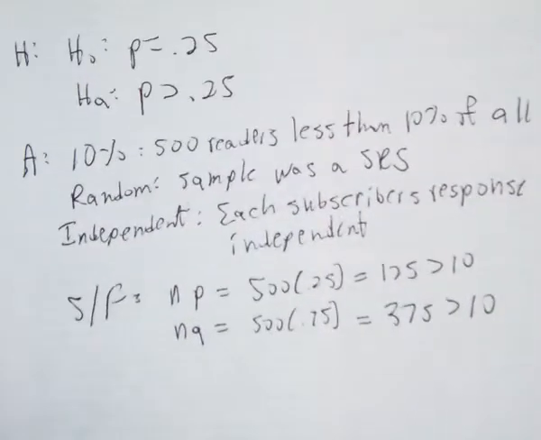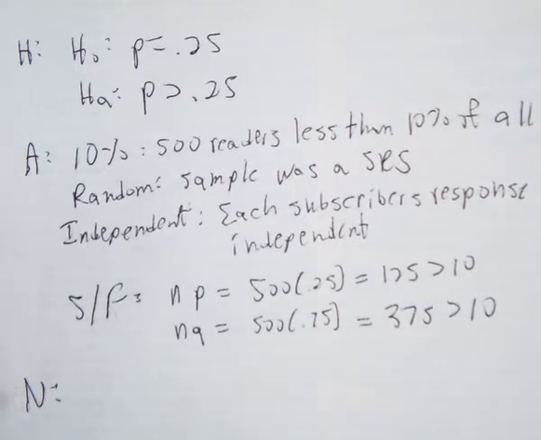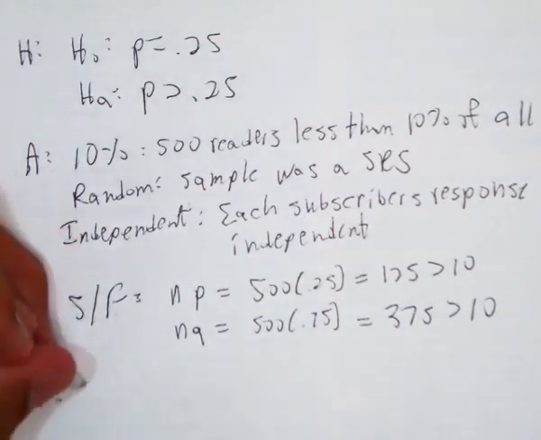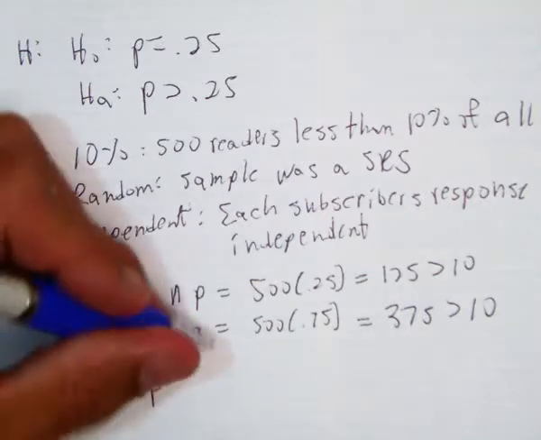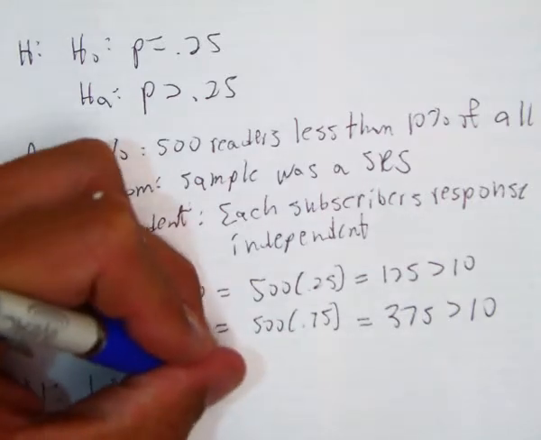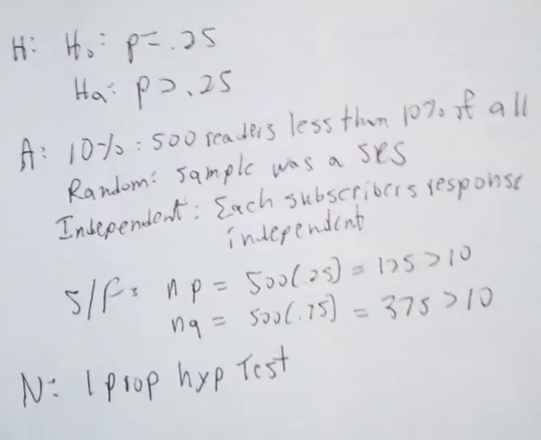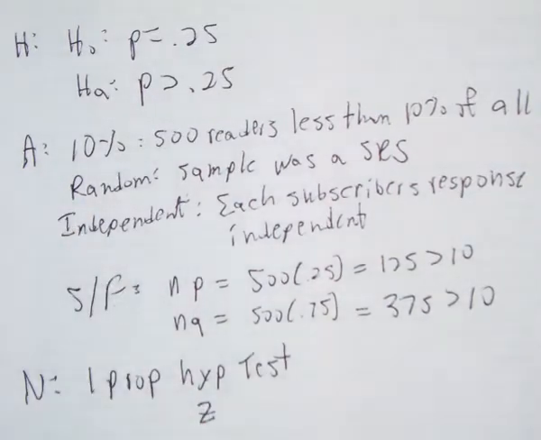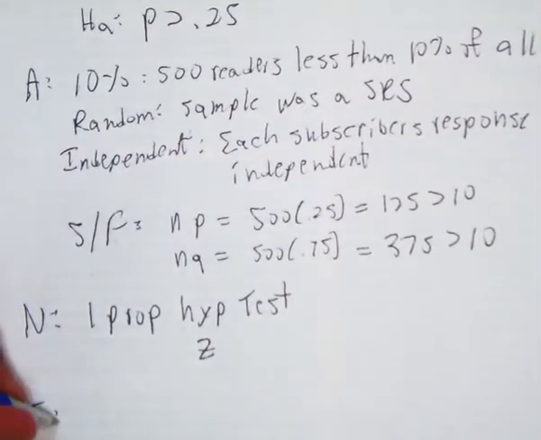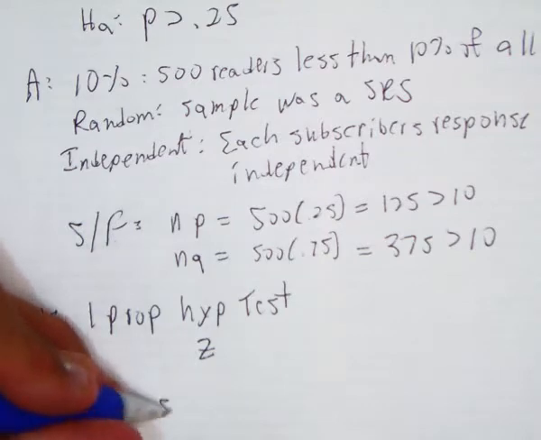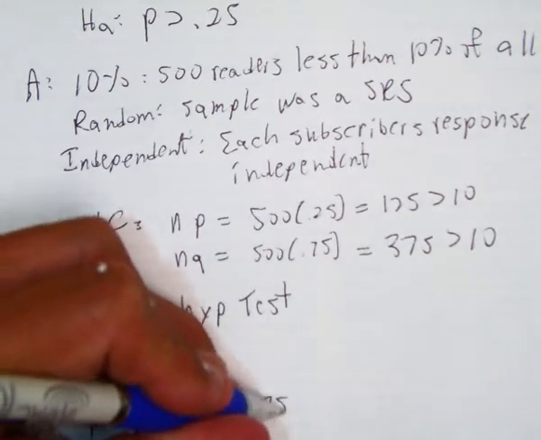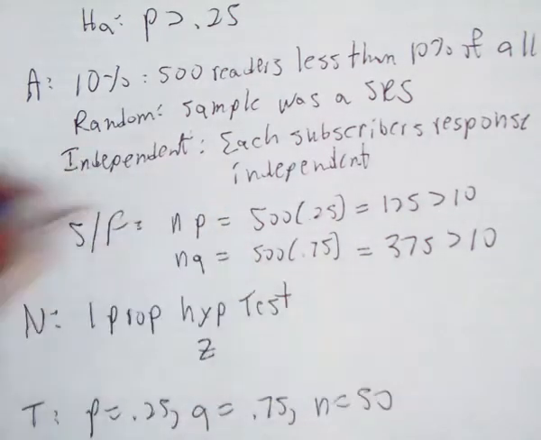Name: this is a one-proportion hypothesis test. You could put a one-prop z-test if you want. That's fine. Test statistics: P equals 0.25, Q equals 0.75, N is 500.